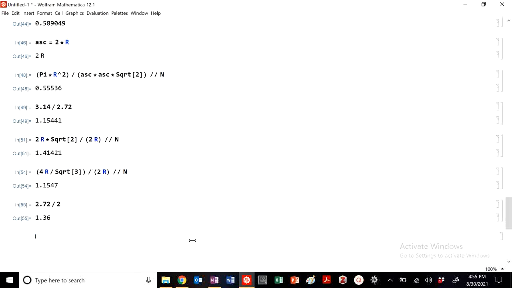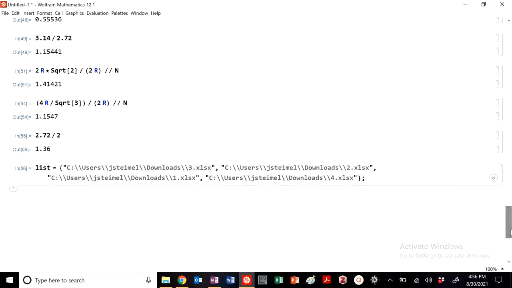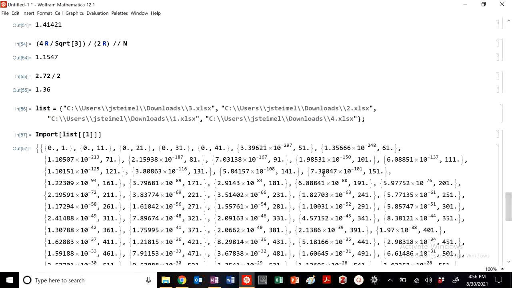So the data list is this. So here we go, it's going to be 3, 2, 1, 4. Very intuitive. So I'm going to import list 1. Let's look at the data, how it's done.